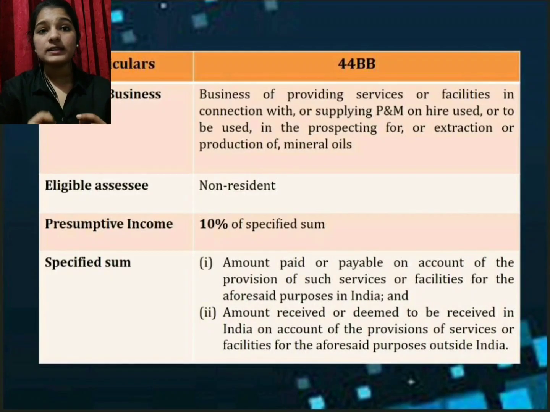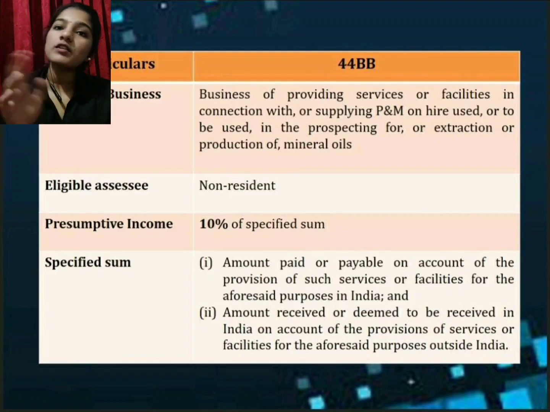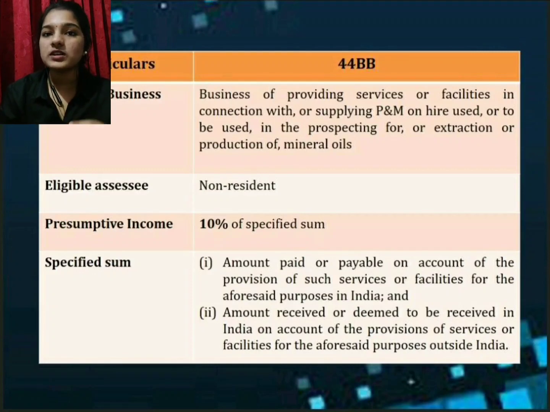Okay. Now let's discuss section 44BB. Section 44BB is available for non-residents who are engaged in the business of providing services or facilities in connection with or supplying plant and machinery on hire used or to be used in the prospecting for or extraction or production of mineral oils.